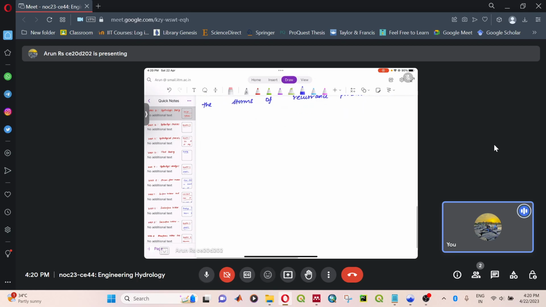So your runoff coefficient is represented by C, which is nothing but runoff by rainfall.